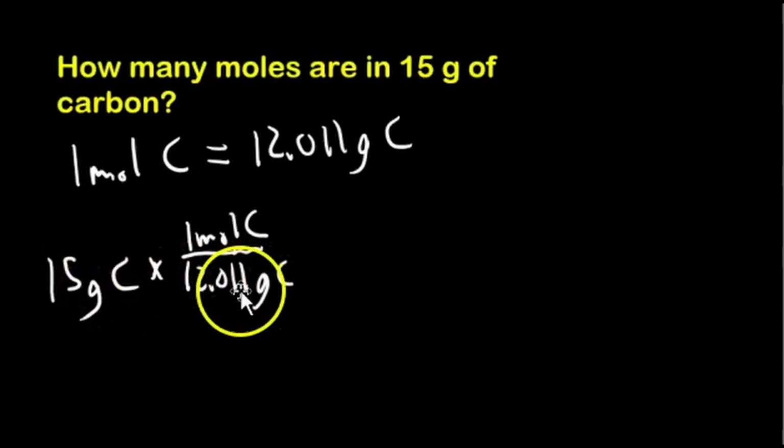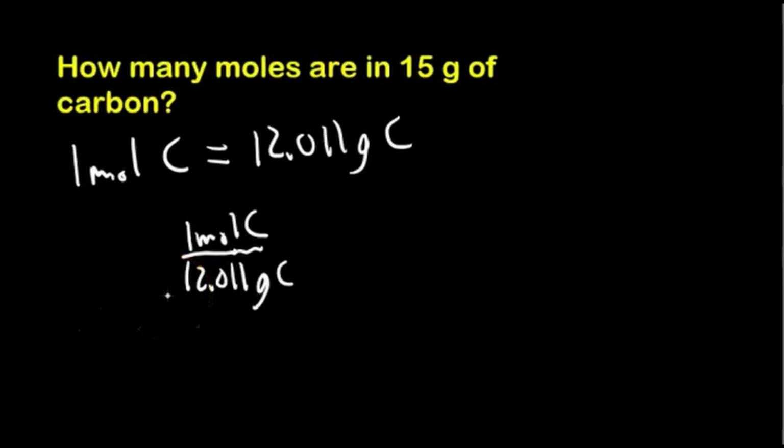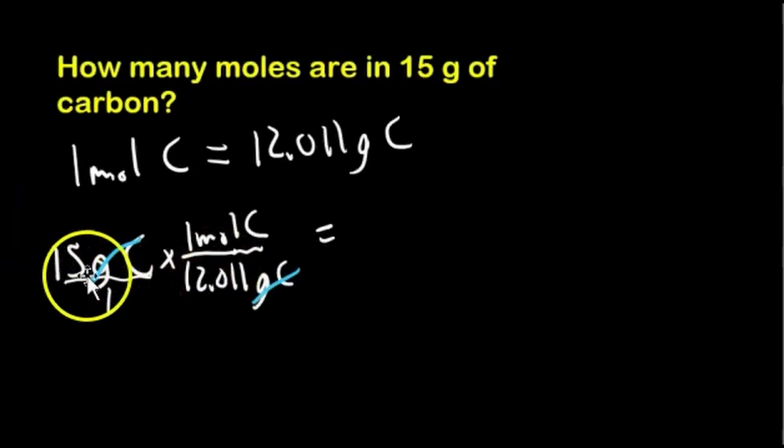Now here, grams cancel out. This is a fraction on this side, but this is also a fraction, like divided by 1, because any number is like divided by 1. So 15 grams of C times this, the grams of C cancels out with this grams of C. And then we just divide.